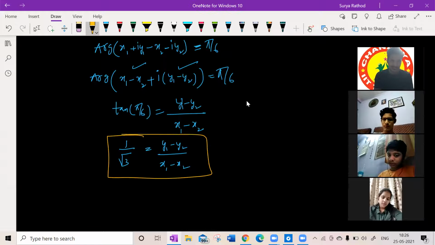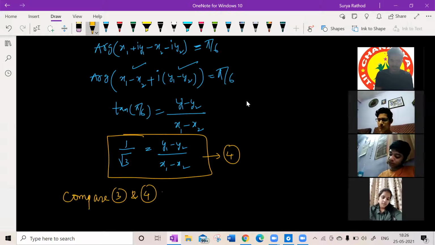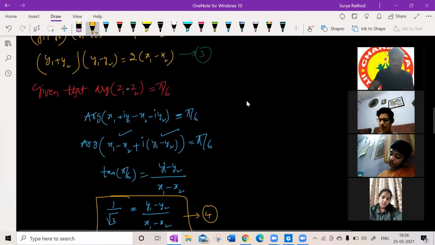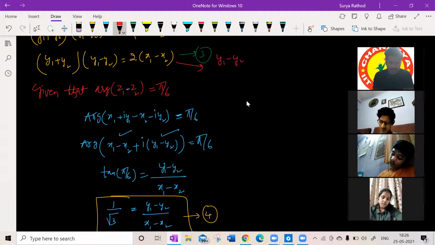Now look at this. This is what I got, so let us take this as equation 4. Compare the third equation and the fourth equation. From the third equation, can I write y1 minus y2 divided by x1 minus x2 is equal to 2 by y1 plus y2?